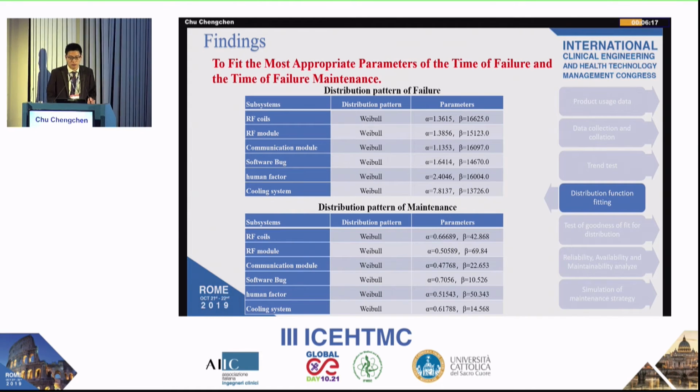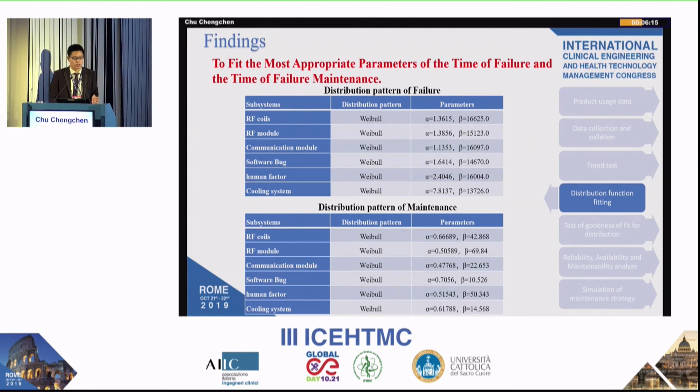The Weibull distribution is a general distribution pattern. It can be formed by adjusting the pattern parameters. So we use the software to fit the most appropriate parameters of the time of failure and the time of the failure maintenance.